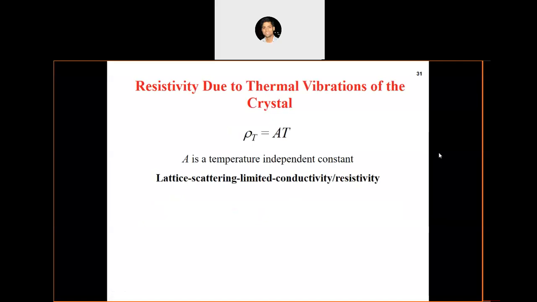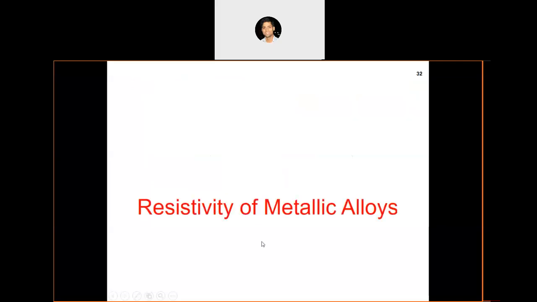Now let us move ahead. As I mentioned earlier, there can be other scattering sources in addition to these atomic vibrations. So now we will discuss those other scattering centers and how the resistivity is affected by them.